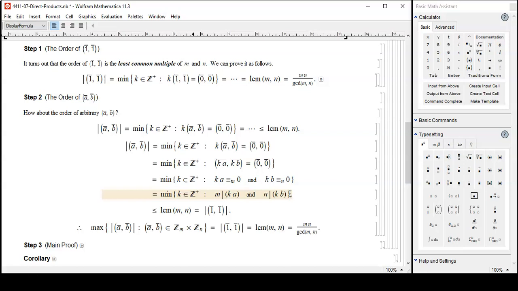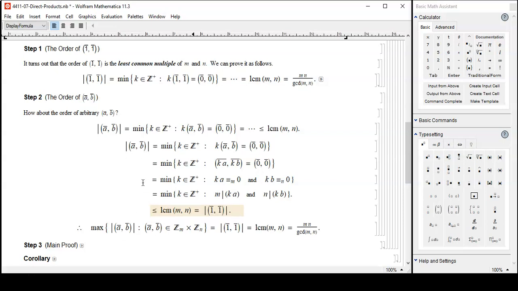So far so good. But a and b can be non-trivial and may take up some factors of m or factors of n. If it doesn't, then it's the same as the LCM, but otherwise it may become a little bit smaller.